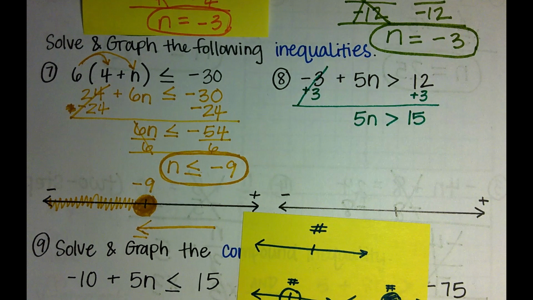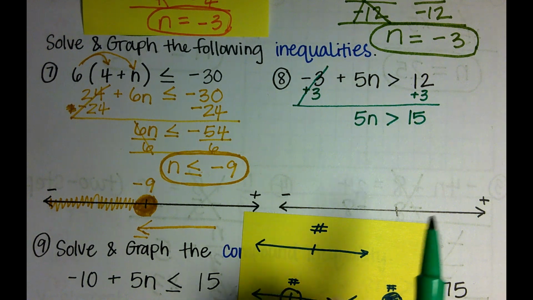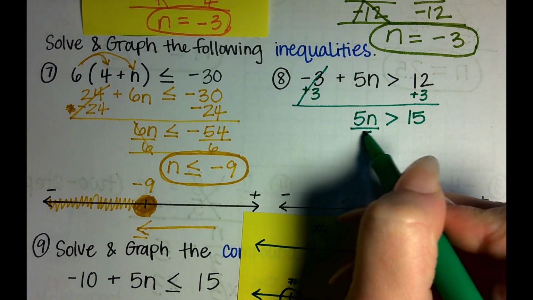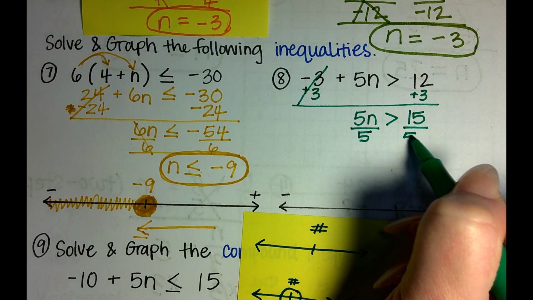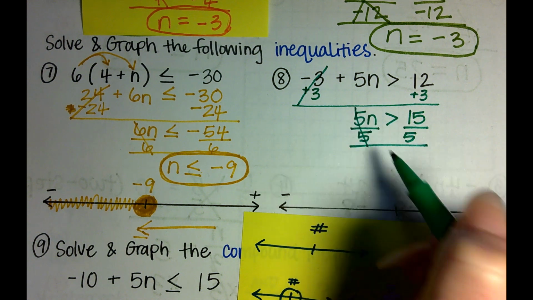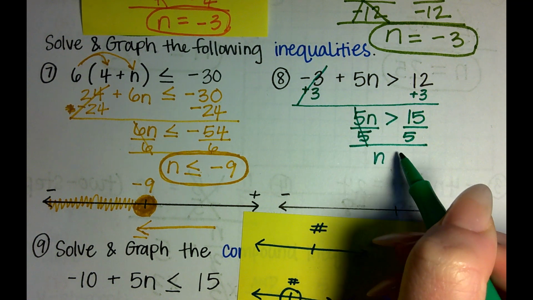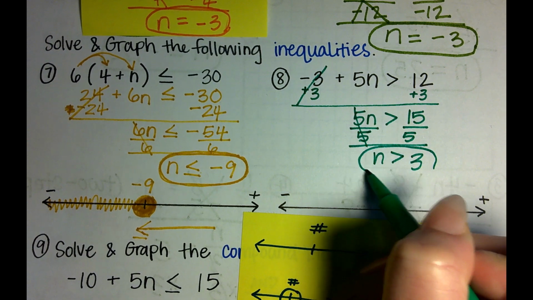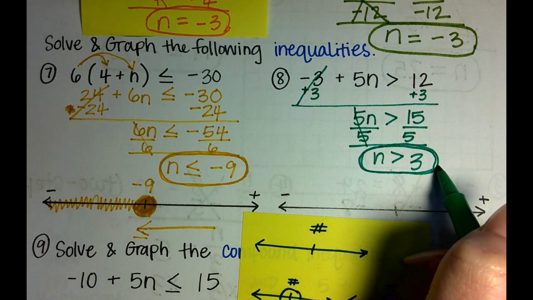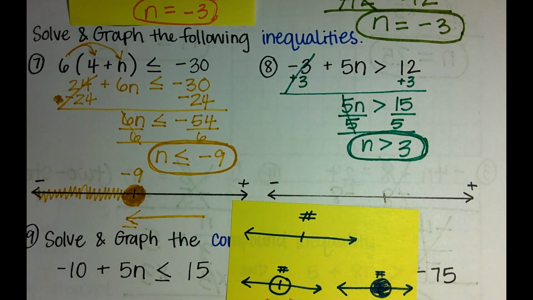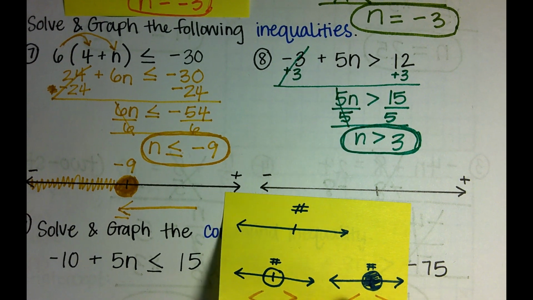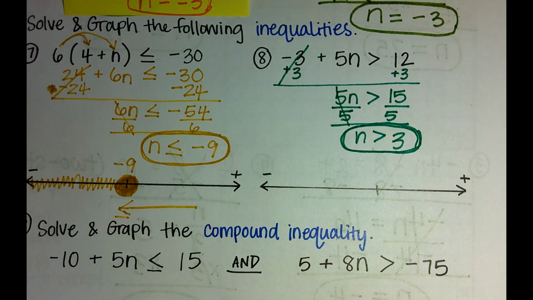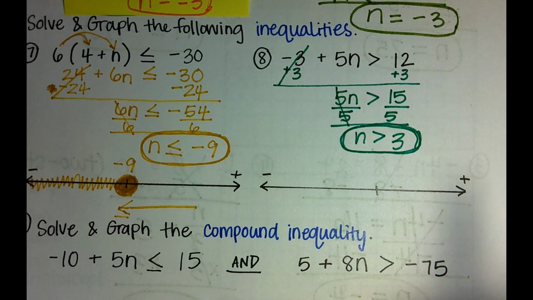Yes, 5n is greater than 15. And you divide by 5 on each side. Good. The 5s cancel. Bring down your n is greater than 3. Good. Okay, so now let's graph it.